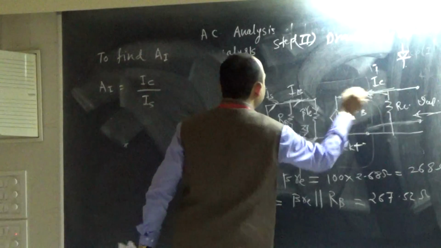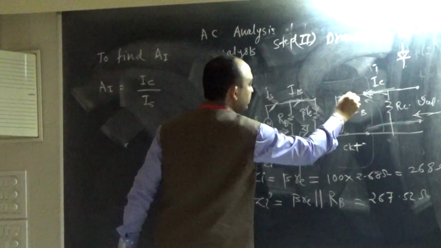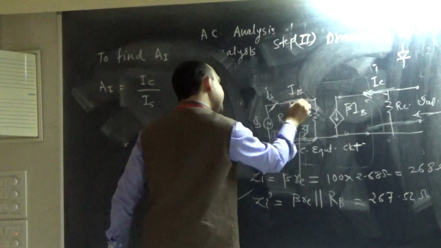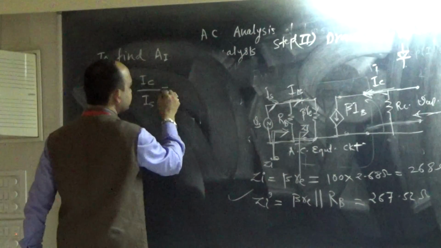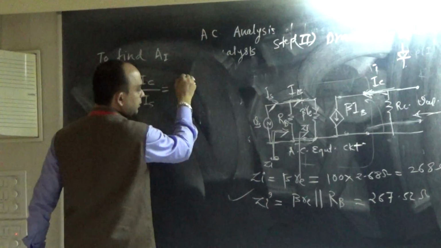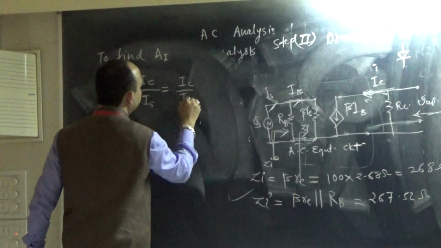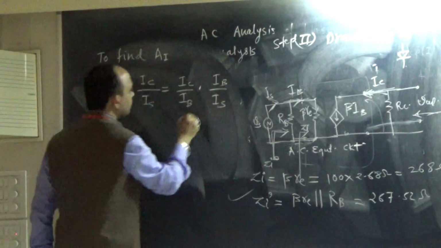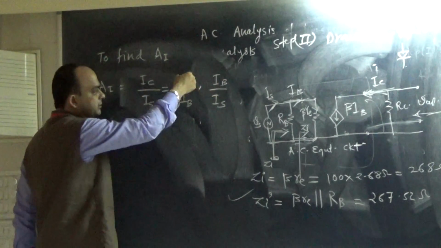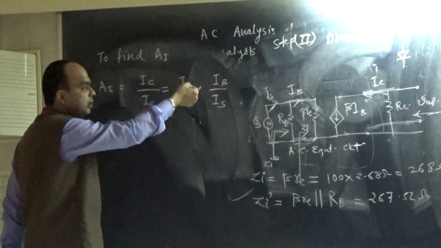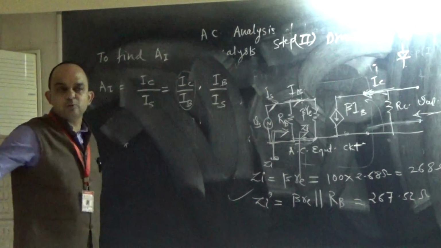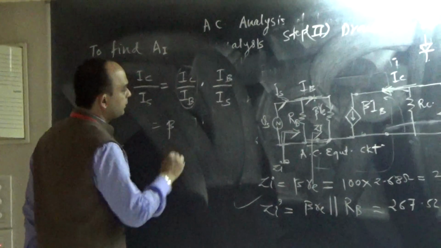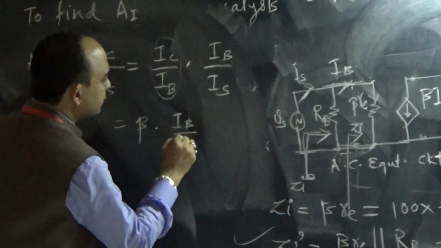We cannot directly find this ratio, but what we can do is find the ratio between these and multiply. This can be derived as IC upon IB into IB upon IS, because IB gets cancelled, so it is the same IC upon IS. But we know IC upon IB is beta. So this is beta into IB upon IS.